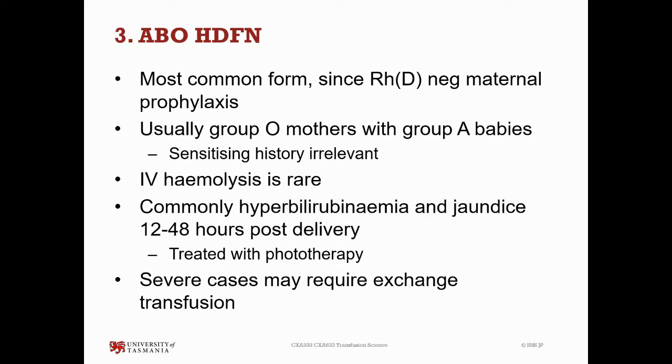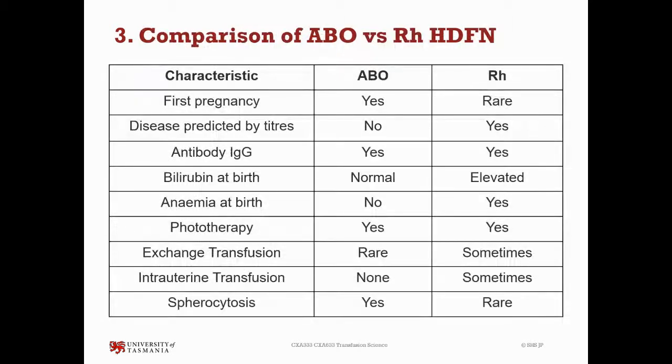Very rarely do we get severe cases. So these are characteristics of ABO versus RH hemolytic disease of the fetus and newborn. So you can see first pregnancy, yes, we can get ABO incompatibility. Very rare with RH, it tends to be second and subsequent pregnancies.